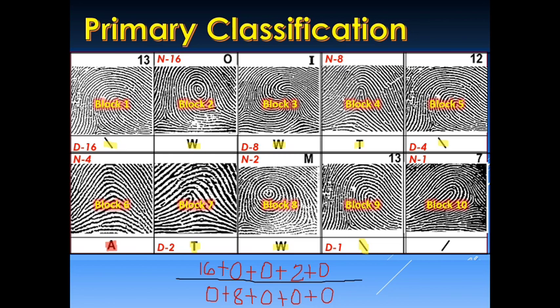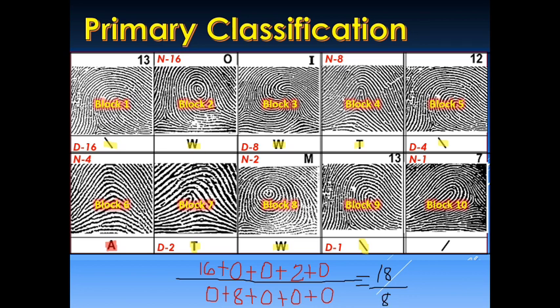And then followed by that, we are now going to add the numerator and then add the denominator. So we have there 16 plus 0 plus 0 plus 2 plus 0, which is 18 over 8.